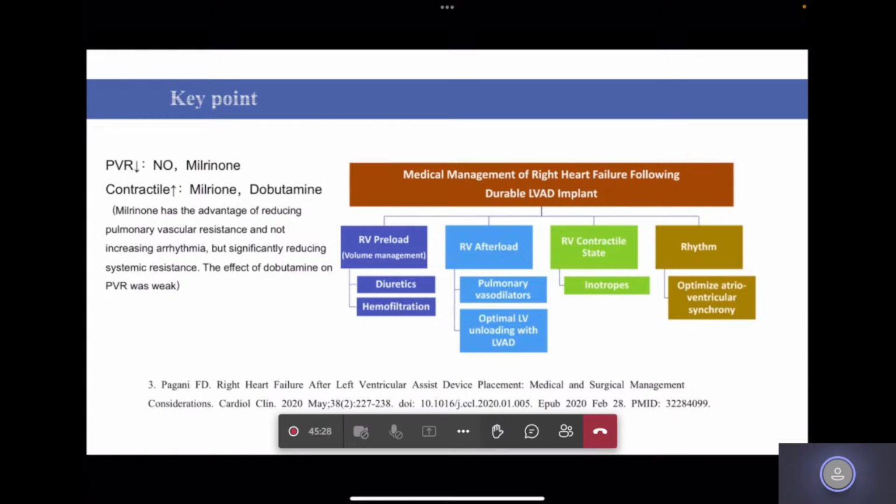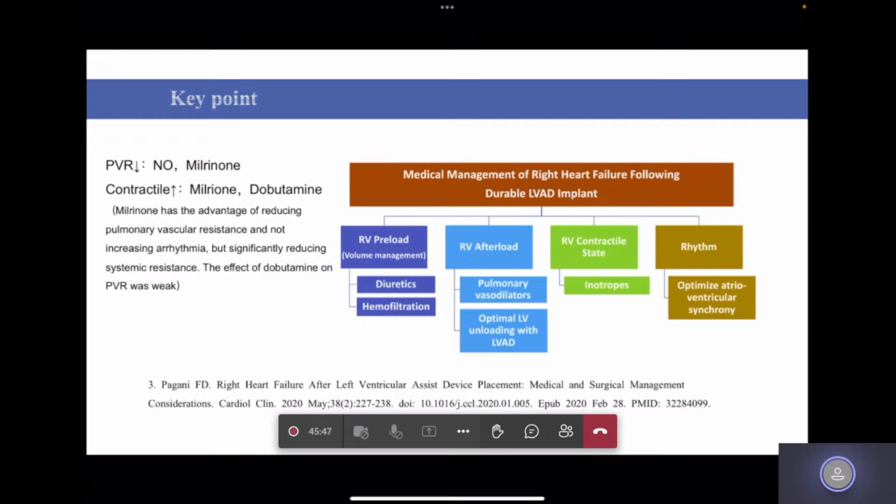And if we need the right ventricular contraction to rise, we often use milrinone and dopamine. And the rhythm is also very important.